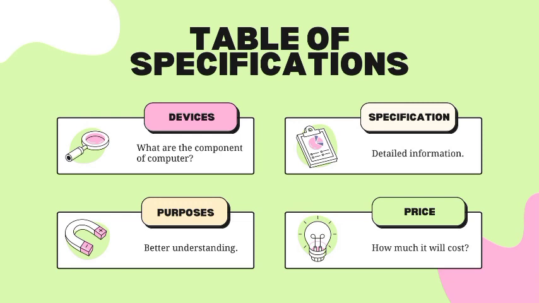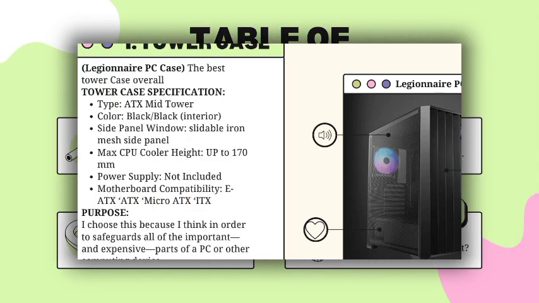The purpose explains why we chose that component so that we can have a better understanding and information about that computer. And the price: how much will it cost? It can be very expensive or it's just good for the quality to be purchased.